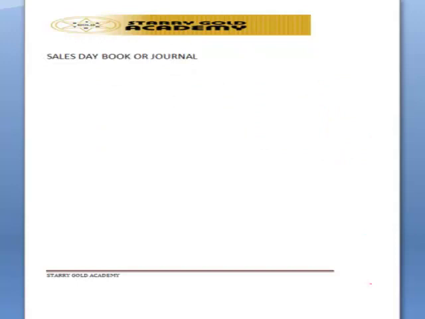Let's consider the first subsidiary book of account, which is our sales day book or sales journal. It is used in recording goods sold on credit to customers. So this is a book of original entry in which credit sales are recorded before being posted to the principal book, which is the ledger. In the sales day book, cash transactions must not be recorded. You must take note, we use it for recording credit sales only.